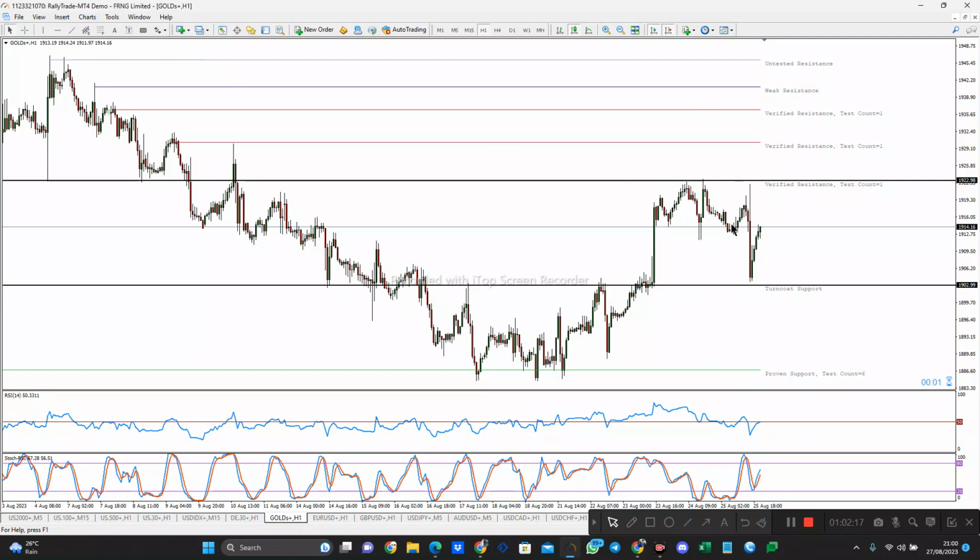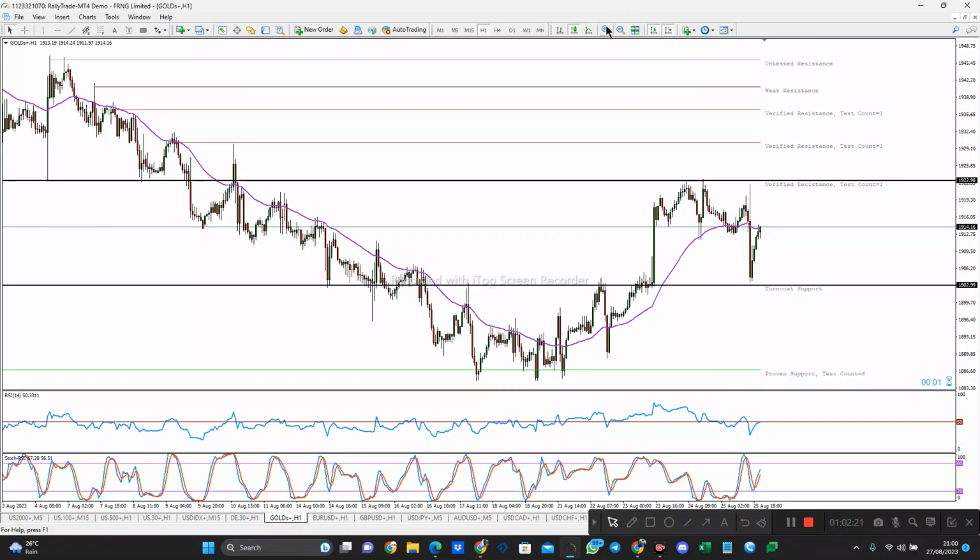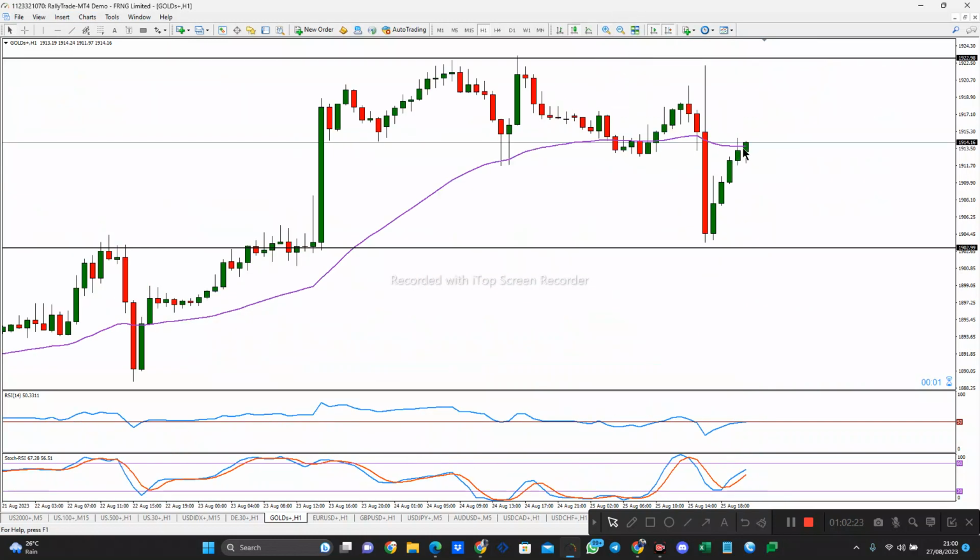Let me add my moving average and see if it's below or above. It's supposed to be above because we're on a downtrend, right?